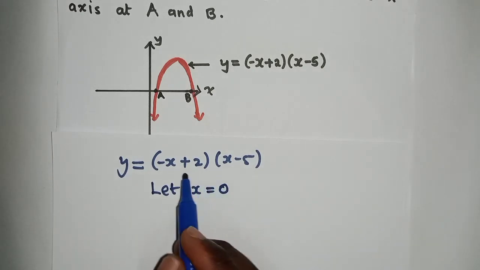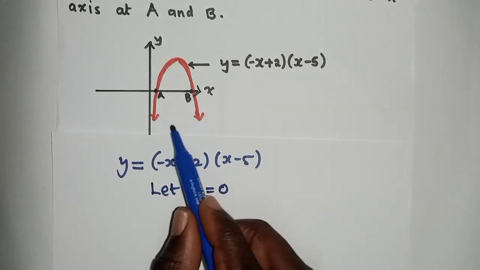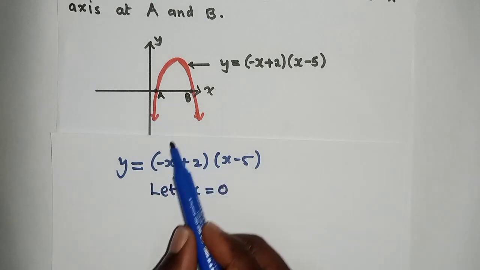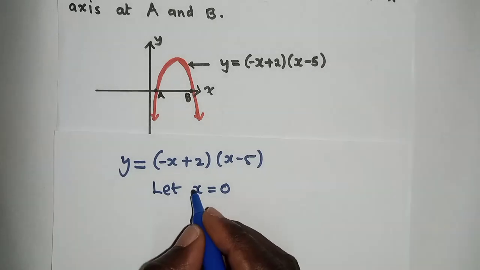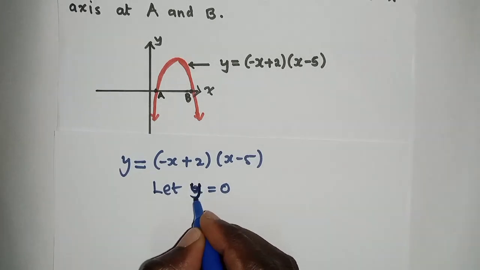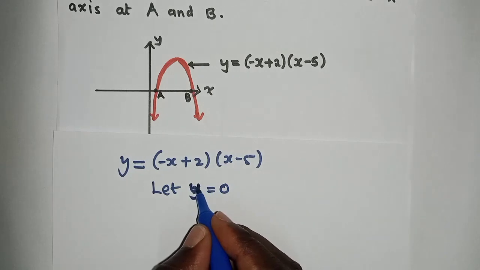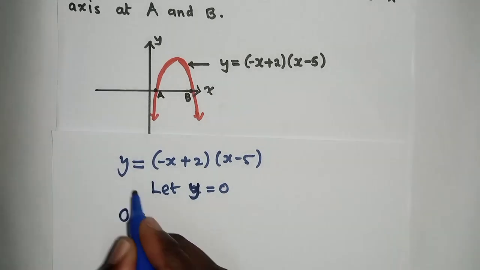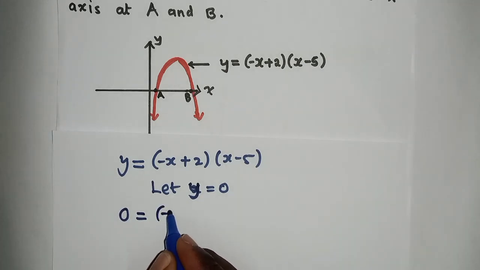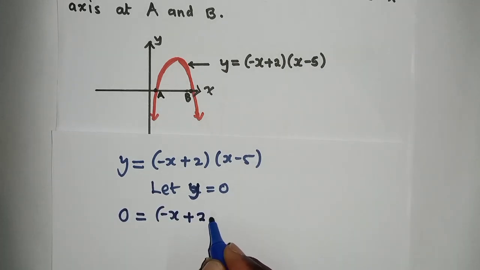In short, if you want to find where it's passing here at x, we say this is the x-intercept. So for the x-intercept, we say y is equal to 0, not x. So we write our 0 where y is, and here we have something like this.